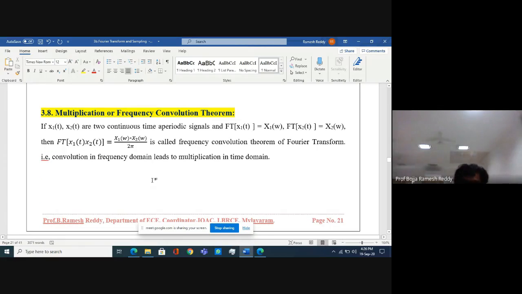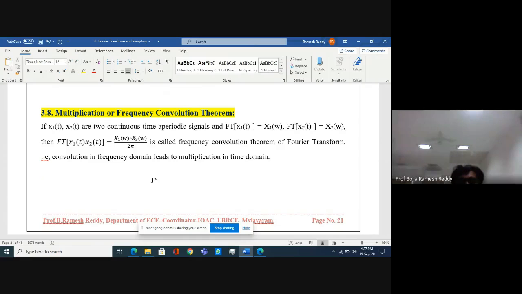Similarly, convolution in frequency domain leads to simple multiplication in time domain. Here we have taken convolution in frequency domain, opposite to the previous statement. If we take convolution in frequency domain, that is exactly equal to normal multiplication in time domain.